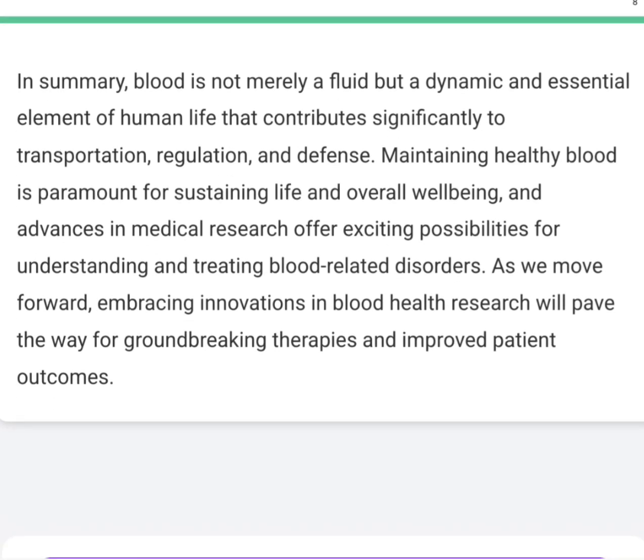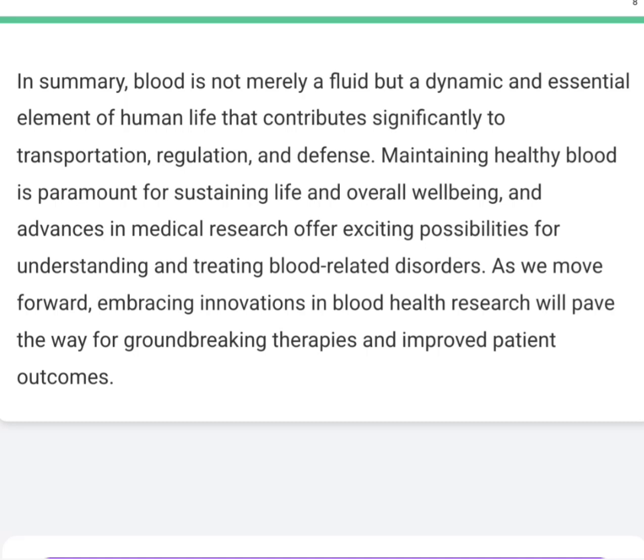In summary, blood is not merely a fluid but a dynamic, essential element of human life that contributes significantly to transportation, regulation, and defense. Maintaining healthy blood is paramount for sustaining life and overall well-being, and advances in medical research offer exciting possibilities for understanding and treating blood-related disorders.